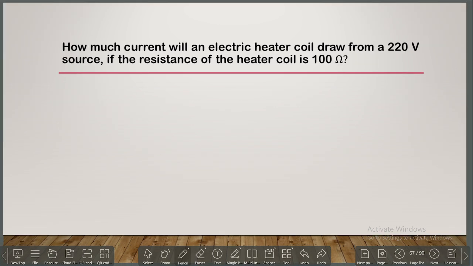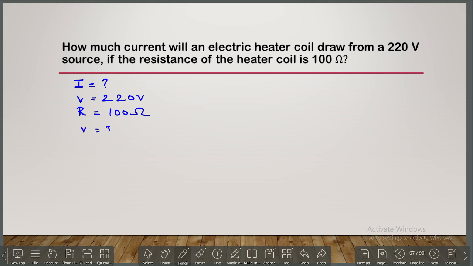Next, how much current will an electric heater coil draw from a 220 volt source? That means we are going to calculate I. The value of V is given. What is the value of V? It is 220 volt, and the resistance of the coil is going to be 100 ohm. So what formula can we use?